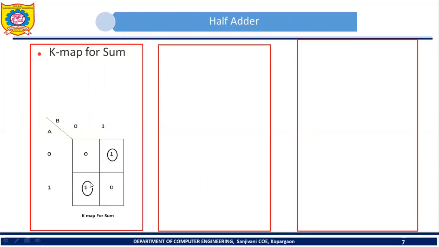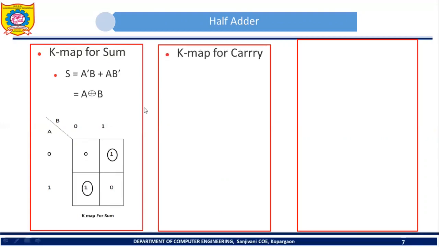Now see here, the value of A is 1, so A, and here the value of B is 0, so B prime. So I can say that sum is equal to A prime B plus A B prime. If you observe this expression, you will come to know that this is the expression for an XOR gate. So I can rewrite this as sum is equal to A XOR B.